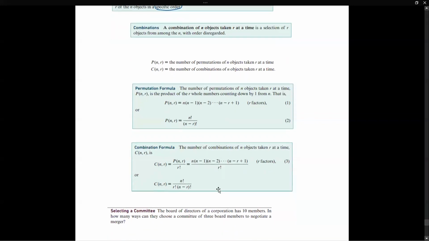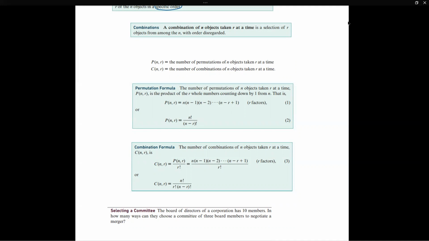Luckily, these come with formulas that make it easy to calculate. You will see factorial, this symbol here, which you also have on your calculator, and you should review these factorial properties.